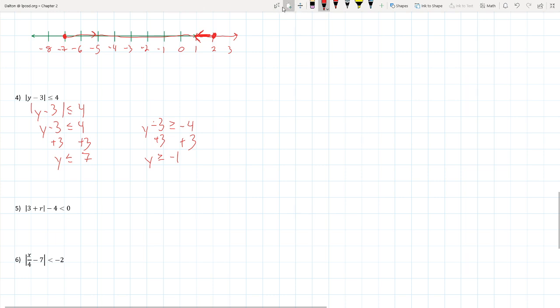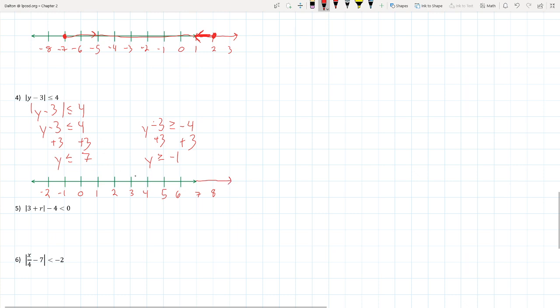If I go and grab my number line, let's see, -2, -1, 0, 1, 2, 3, 4, 5, 6, 7, 8. I'm going to start on the left.